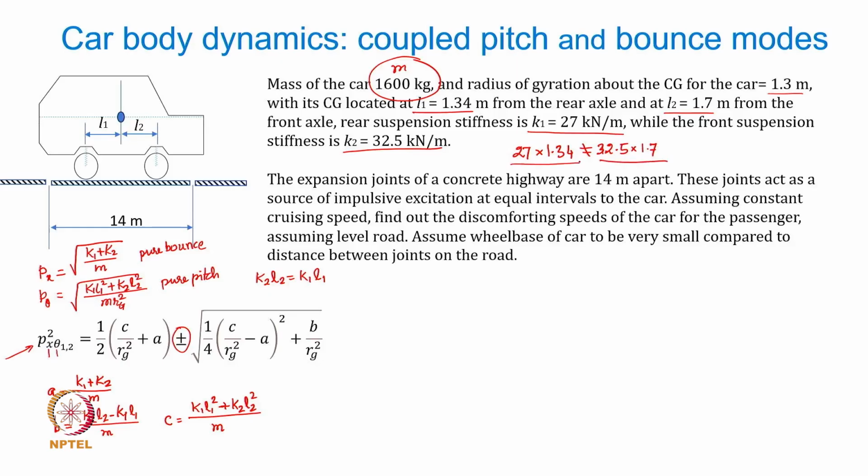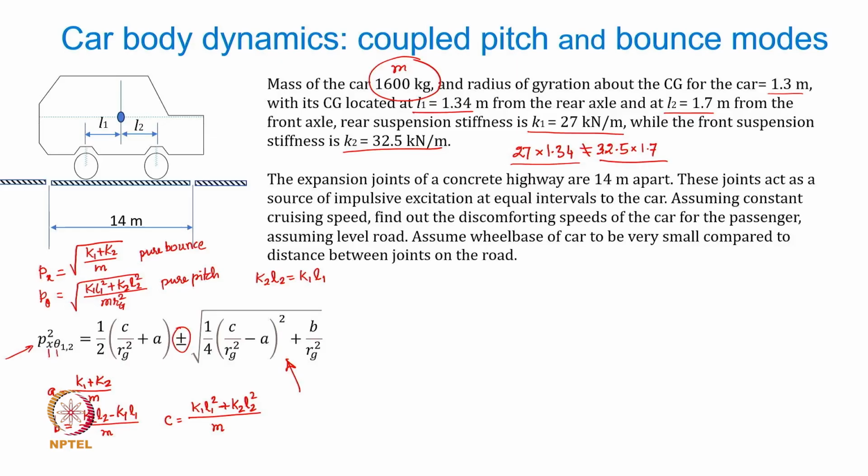So this condition is not satisfied, and you basically have a coupled system here. That means whenever the car body moves up and down, there will be associated pitch motion. Obviously, had they been decoupled, this frequency equation would turn out two different frequencies, and they would be pure bounce and pure pitch natural frequencies.